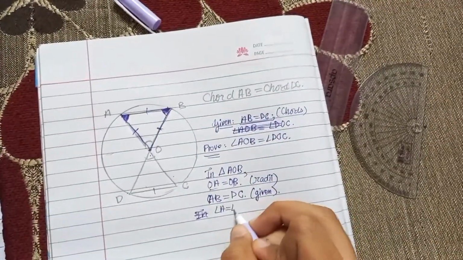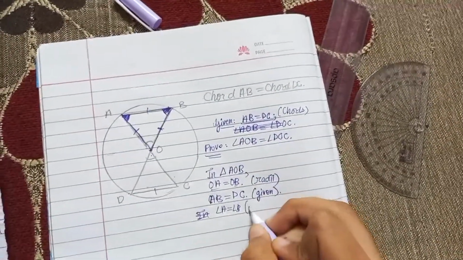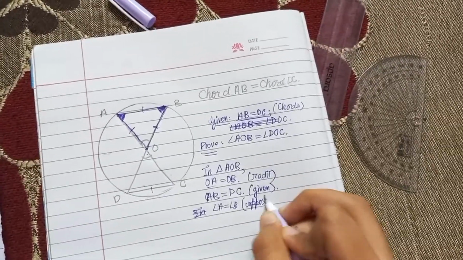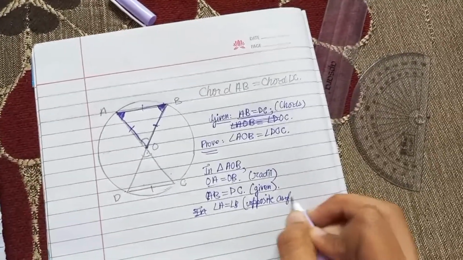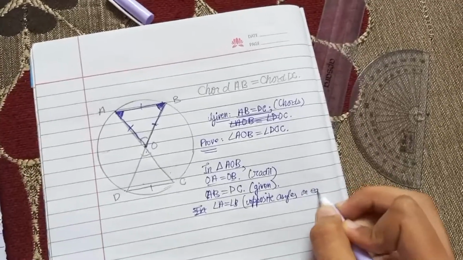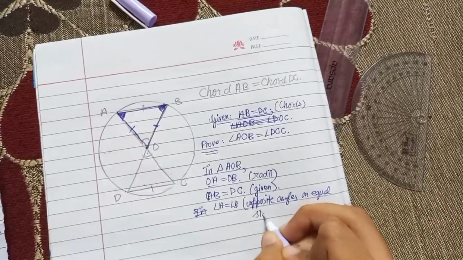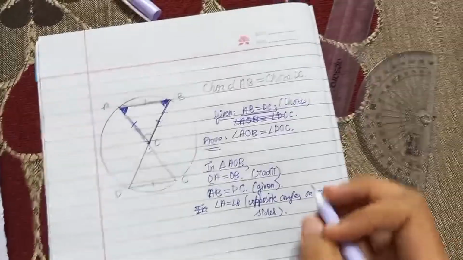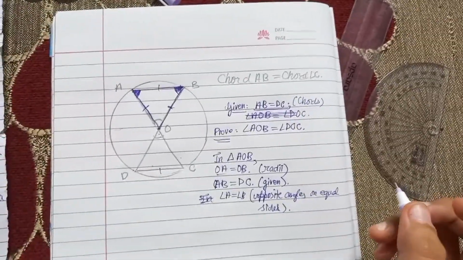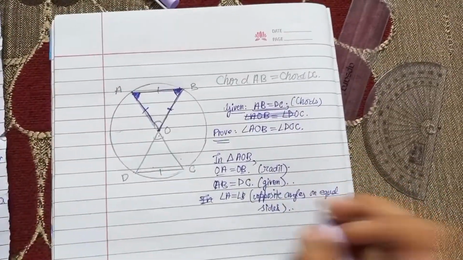I will explain why they are equal. They are equal because they are the angles opposite to equal sides. Now we can apply the triangle congruence here. Side, angle.